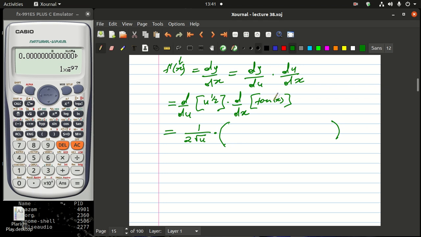What is the derivative of tan of x with respect to x? We said that the derivative of tan of x with respect to x was sec squared of x. That's what we said. So we don't really need big brackets like that. This is what we're actually having.